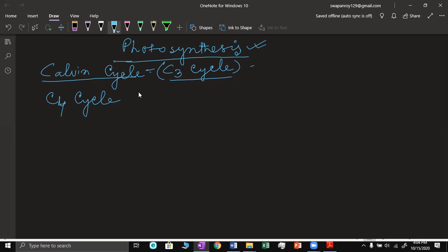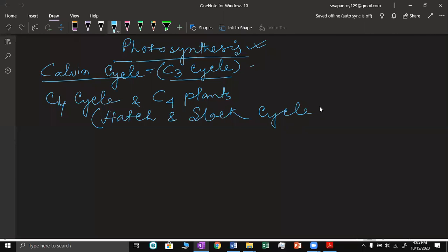This is also called C4 cycle and C4 plants. The C4 cycle is also known as the Hatch and Slack cycle.